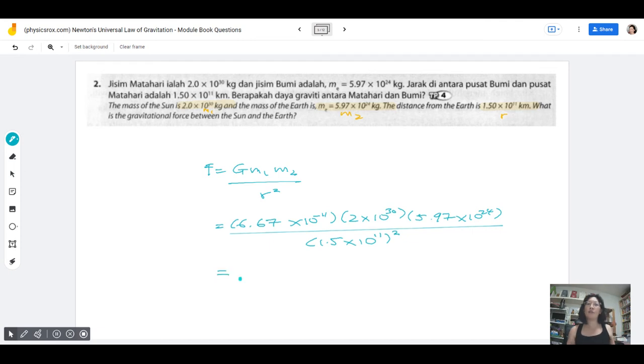And all you need to do is just use your calculator, work out the answer. And you should get 3.54 times 10 to the power of 22 Newton.